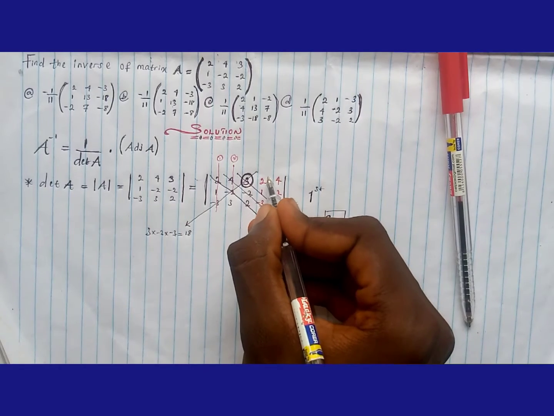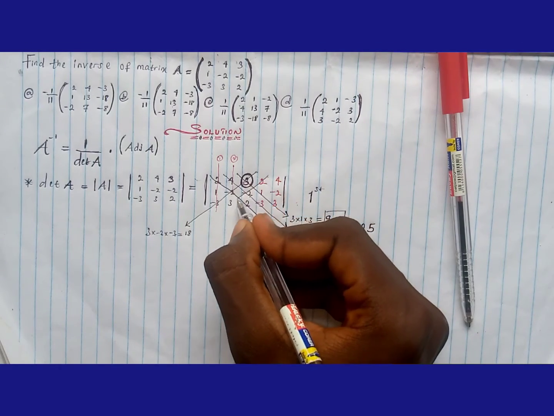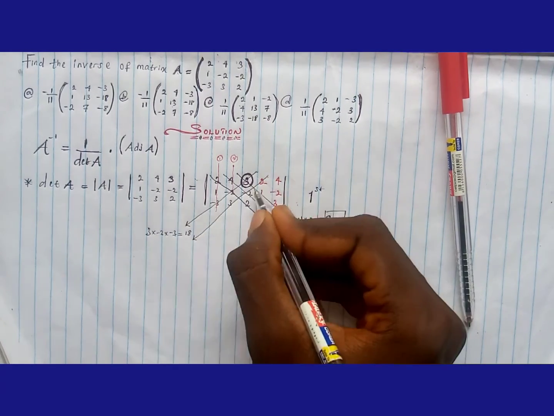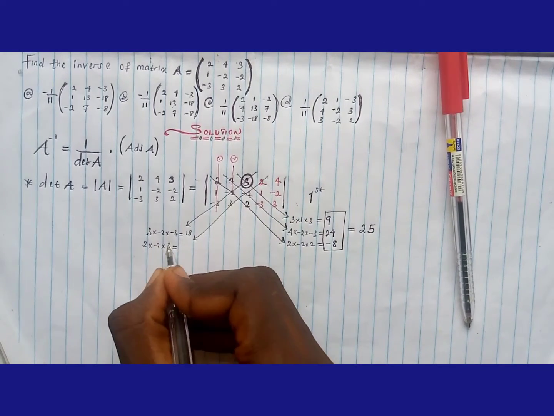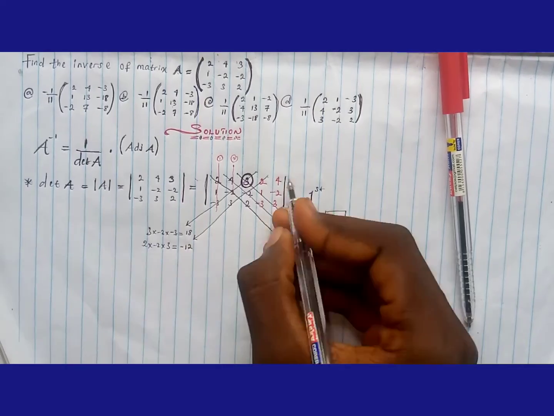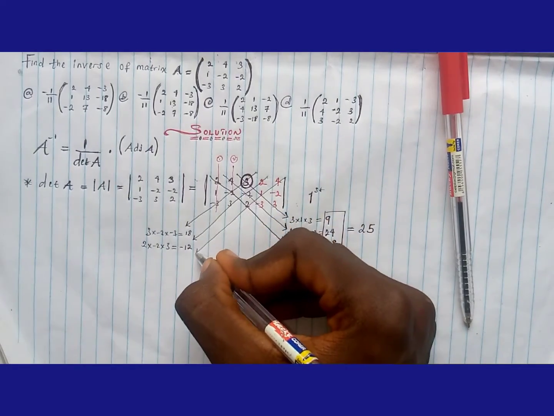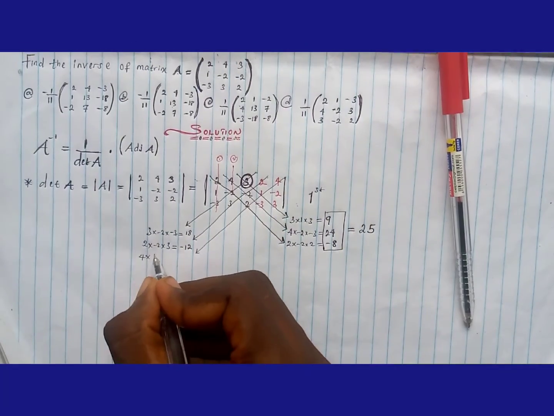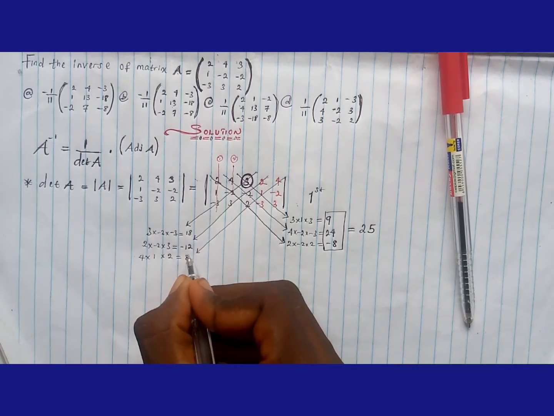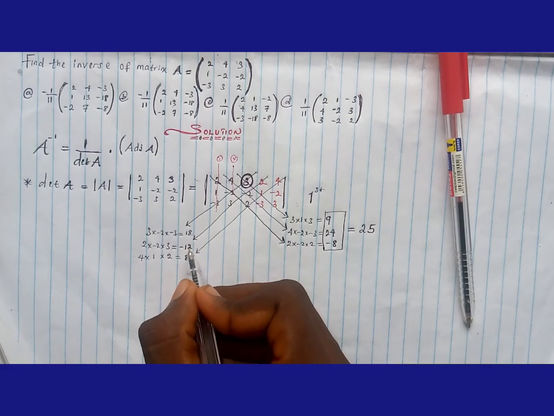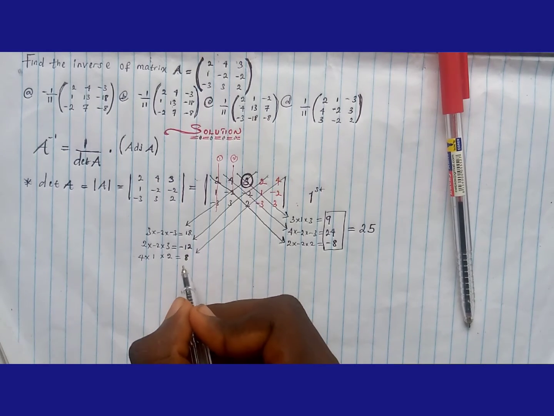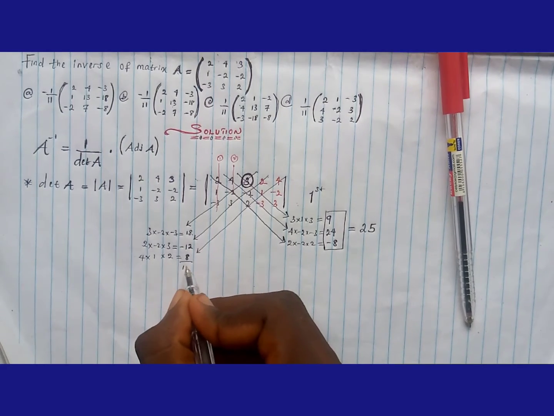The next one is 2 times minus 2 times 3. 2 times 2 is 4, 4 times 3 is 12, so minus 12. Finally, 4 times 1 times 2 gives us 8. So 18 minus 12 is 6, then 6 plus 8 is 14.